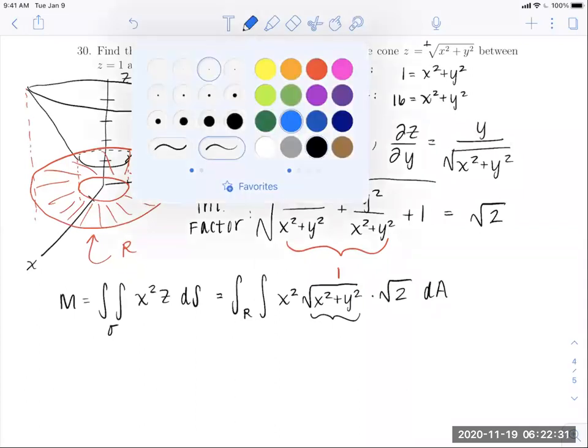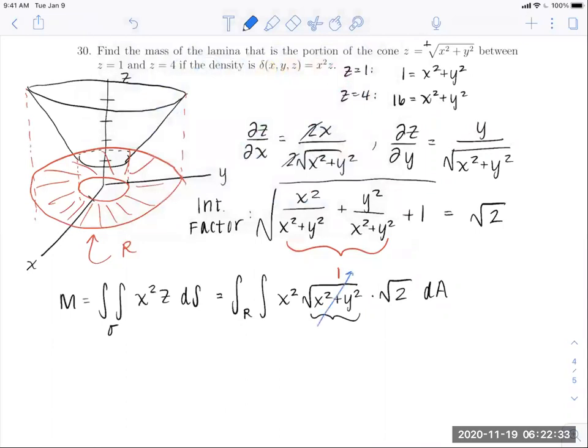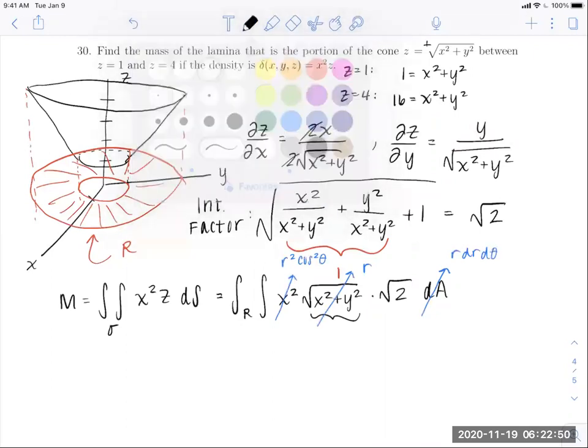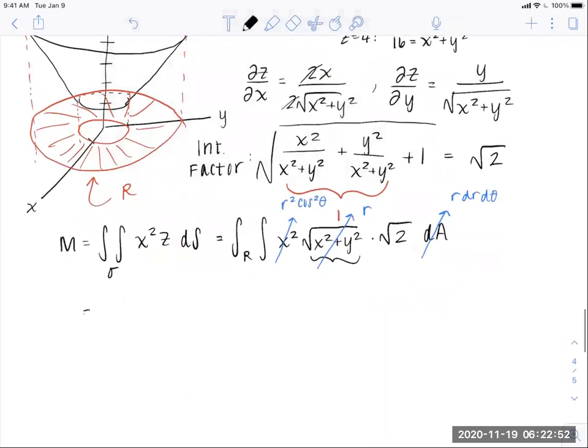So let's set that up here. I'm going to note that this term is going to go to a single r. My dA is going to go to an r dr d theta. My x squared is going to go to an r squared cosine squared theta. All right, so keeping all of that in mind, let's set up our limits of integration.